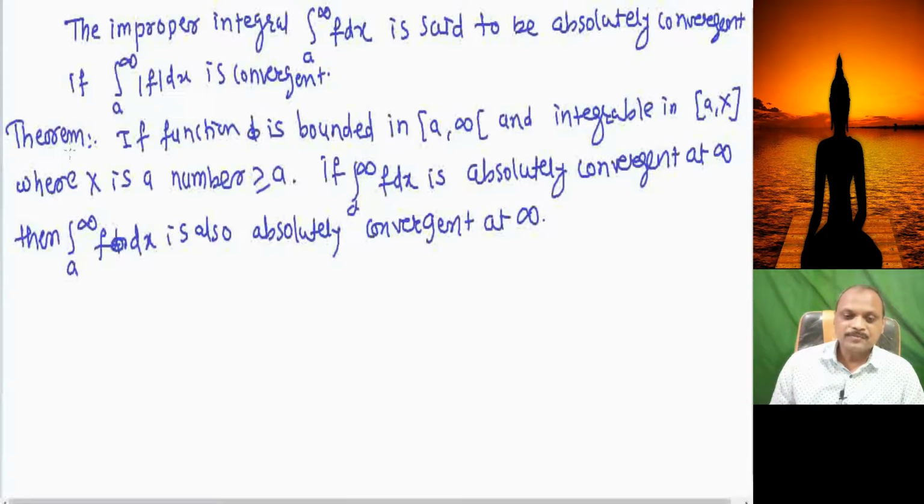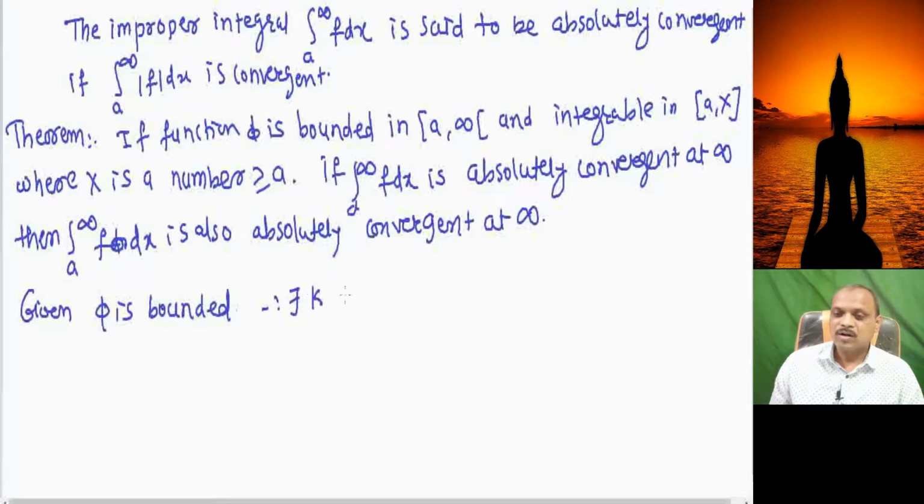Now friends, what is given? Phi is bounded, therefore there exists a number capital K such that the mod of phi is less than or equal to K for all x greater than or equal to a.